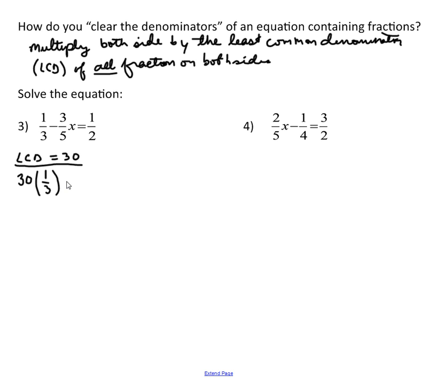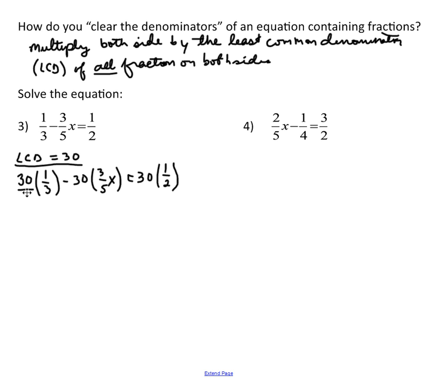We just multiply each term on both sides of the equation by 30. So we're going to take 30 times 1/3 and 30 times 3/5 x. And on the right-hand side, take 30 times 1/2. So each term on both sides is multiplied by that LCD. Well, what's 30 times 1/3?